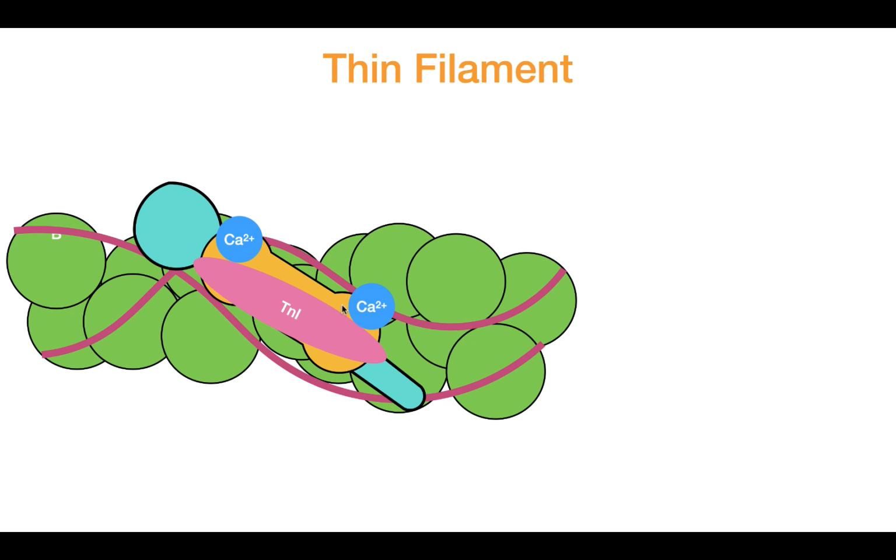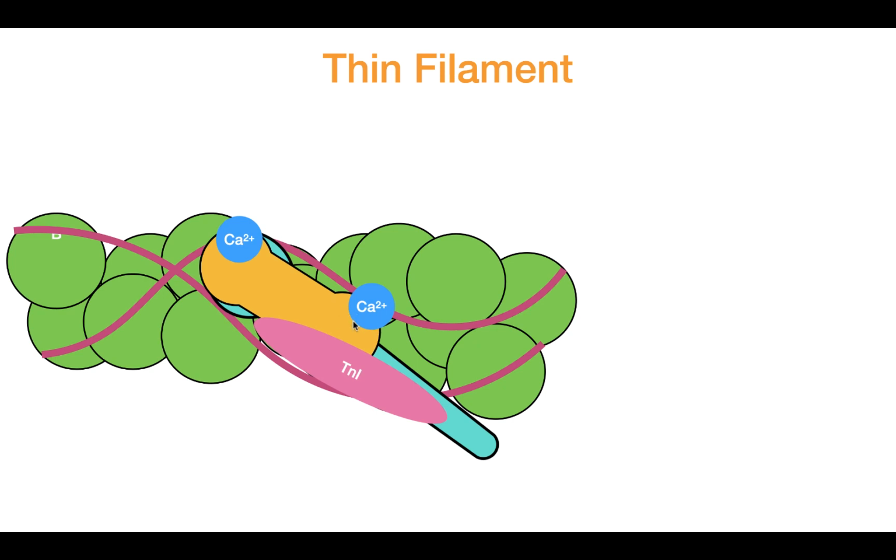So when calcium comes in and binds to troponin C, it'll cause a conformational change, which basically initiates the contraction cycle. Troponin I is going to be moved out of the way by troponin T, and troponin T is also going to move tropomyosin out of the way.